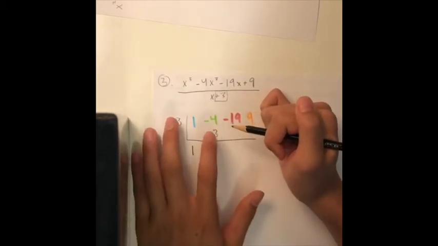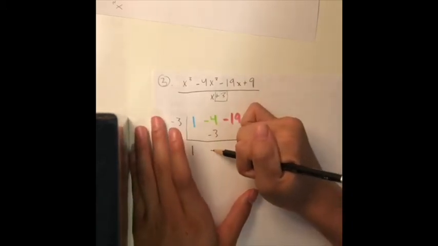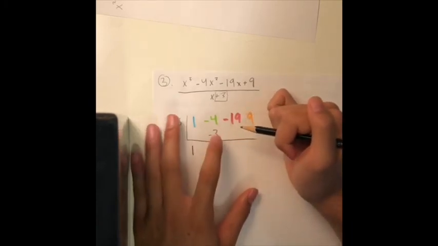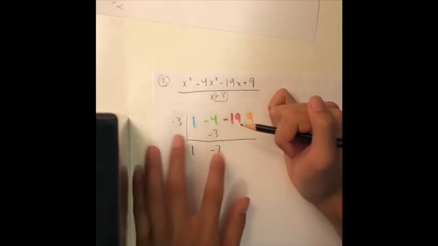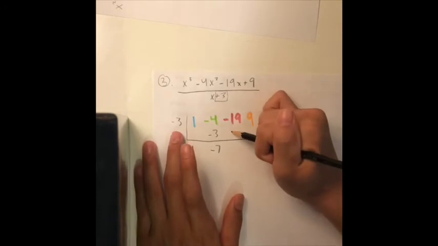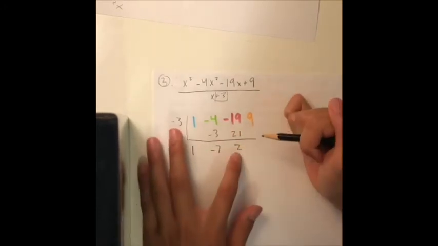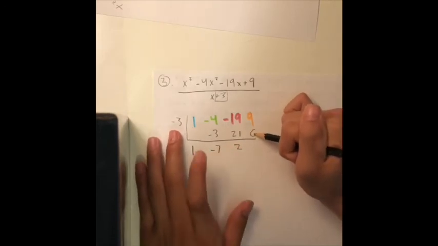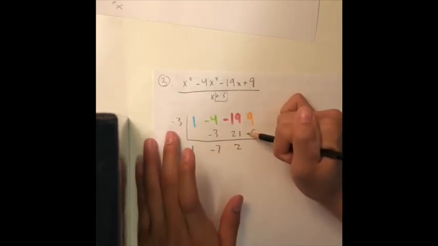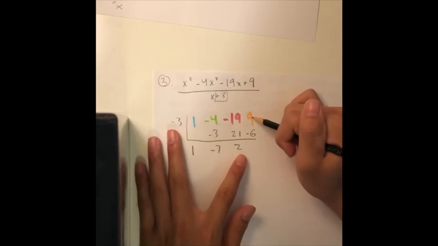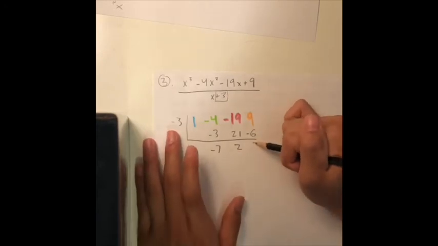And then add -3 plus -4, -7. Right? Then multiply, -7 times -3 is 21. Add 21 minus 19, 2. Multiply 2 times -3, -6. Sorry. And then add 9 minus 6 is 3.